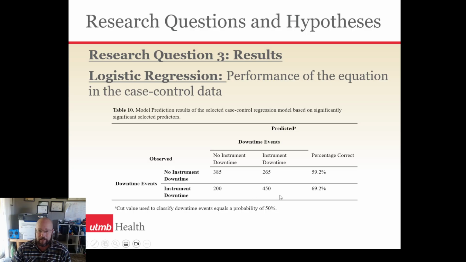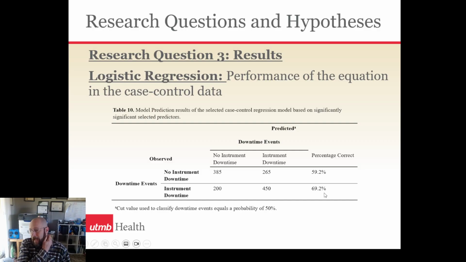This would be our case control data set. It appropriately predicted that there was downtime 450 times. It inappropriately categorized some instrument downtime as no instrument downtime. But in other words, it's about 70% of the time calling instrument downtime correctly.